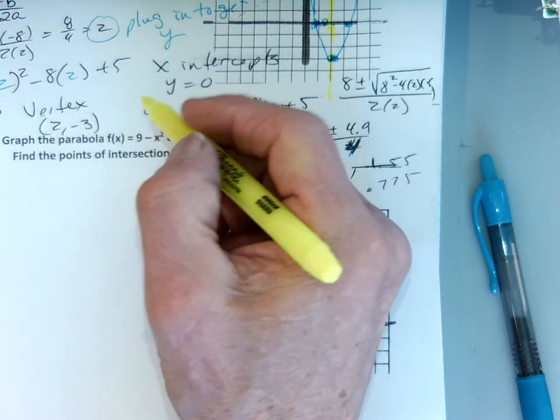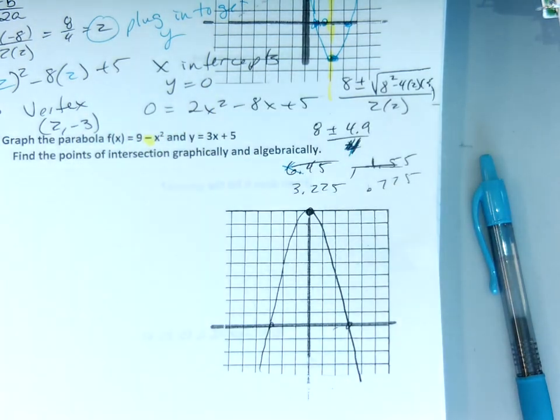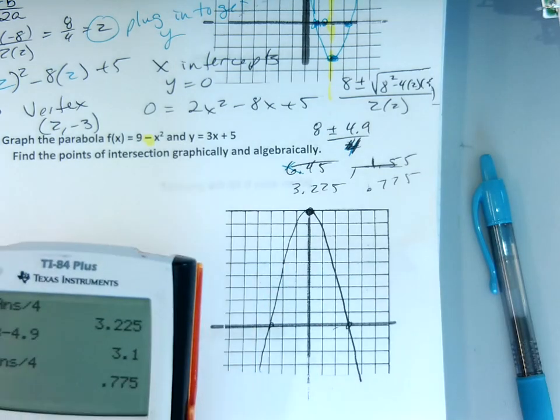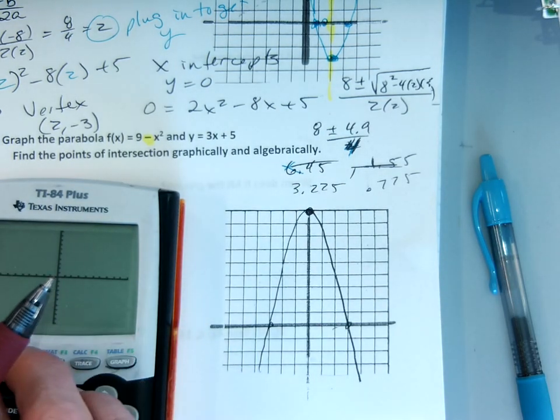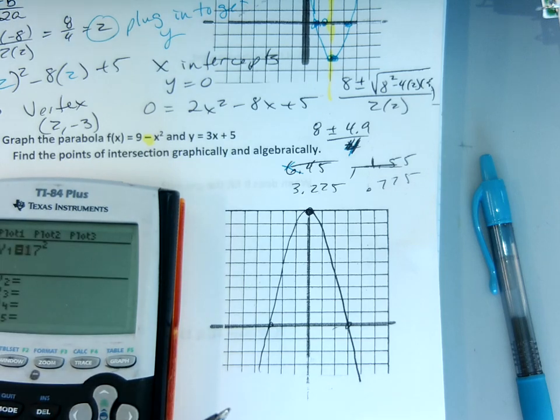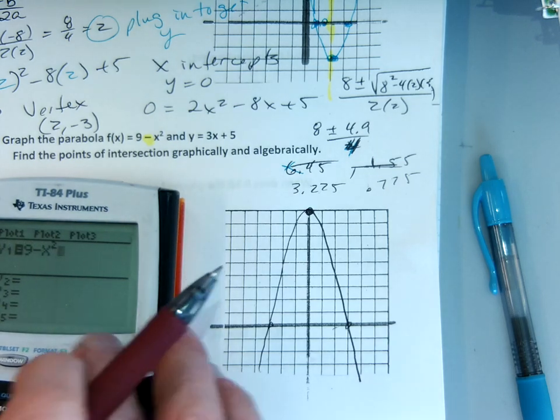It's got a negative, so it's upside down, right? And I can put it on Desmos. So I can also look at it on my calculator. My calculator also graphs too. If I'm a little confused, I can say, okay, well, if I did my 9 subtract x squared, I can look at it that way, right?